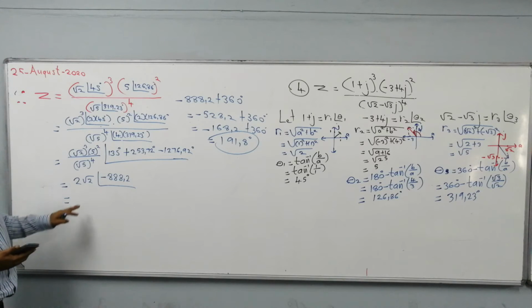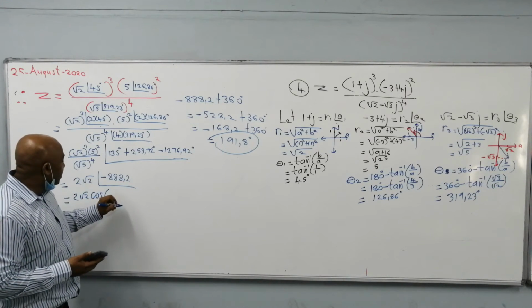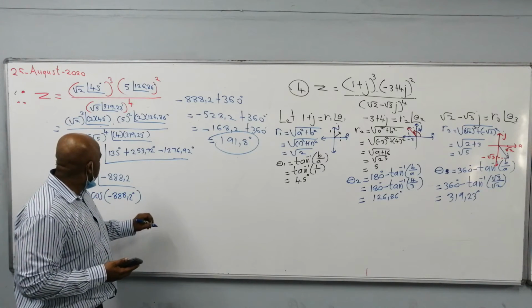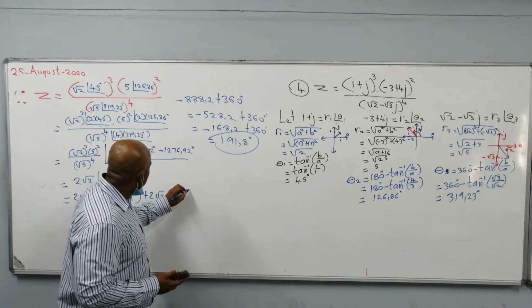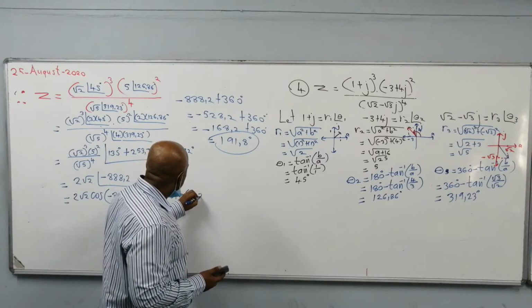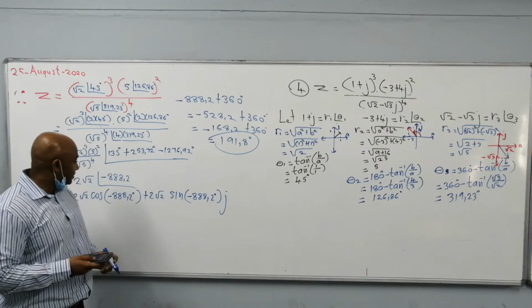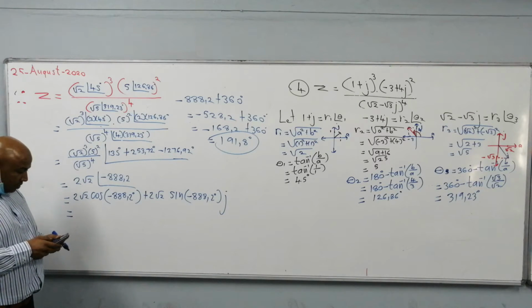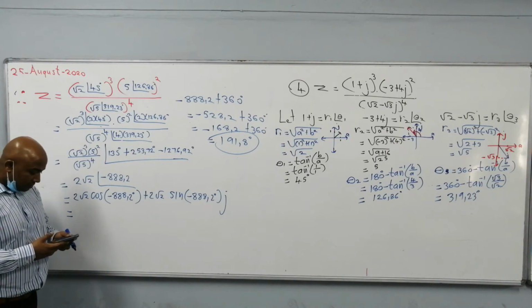Okay. So I'm going to go straight and I'm going to go 2 root 2 cos of minus 888.2 degrees plus 2 root 2 sine of minus 888.2 degrees times j. So that's 2 root 2 cos of minus 888.2.